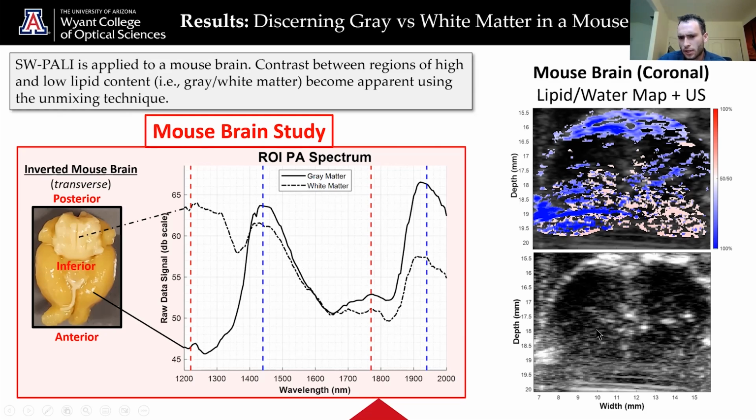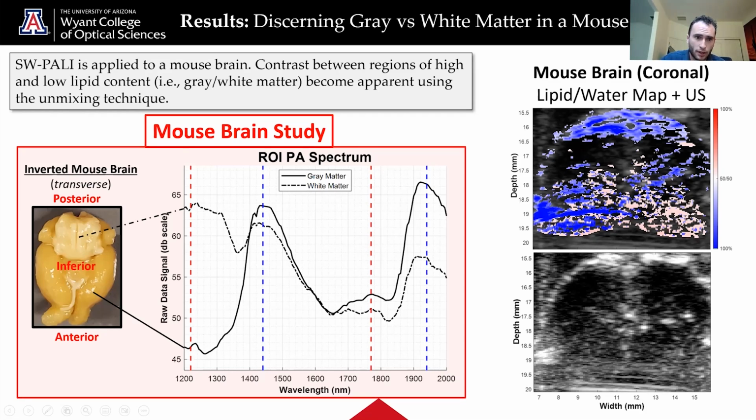While on the ultrasound, maybe you can see there's some sort of contrast here between dark and light regions, if we apply our lipid water map, we can really start to see, oh, okay, that's probably more lipid-based tissue, maybe something closer to white matter. And we also have this good correlation between the boundary of the air and brain boundary here, where it's mostly going to be water-based tissue on the surface.